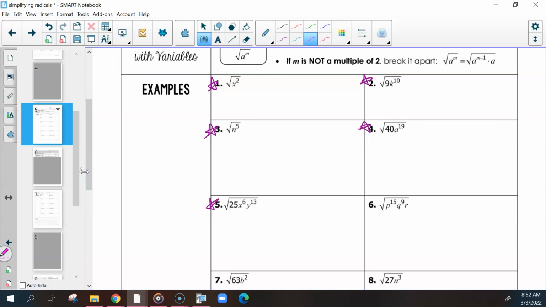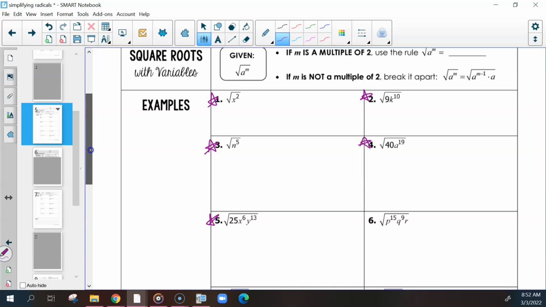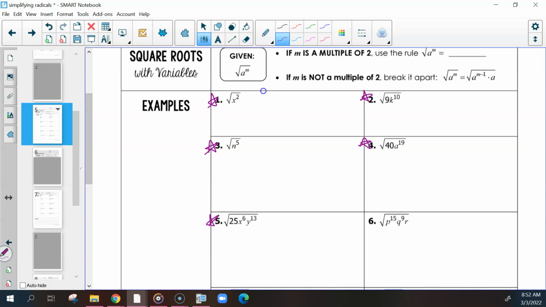So starting with the first one, we're going to do this both ways. Using this rule, if this is x squared, and I might show you a third way as well. Using this rule, if this is a multiple of 2, which it is, I can divide this by 2.